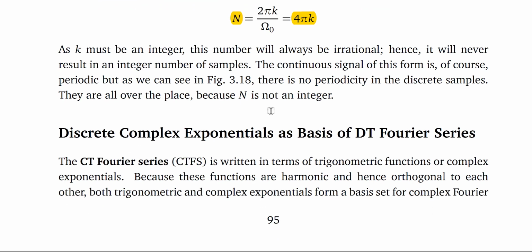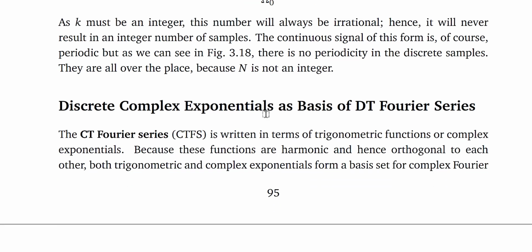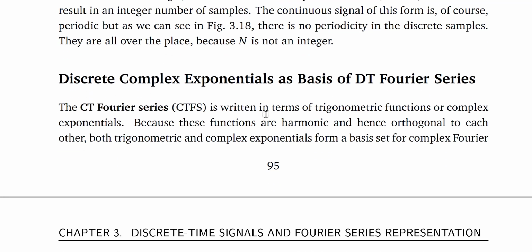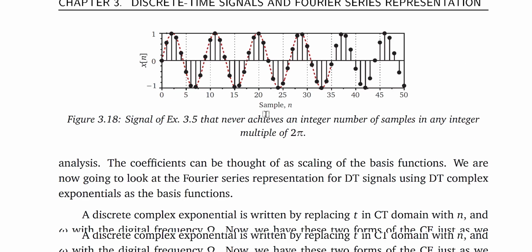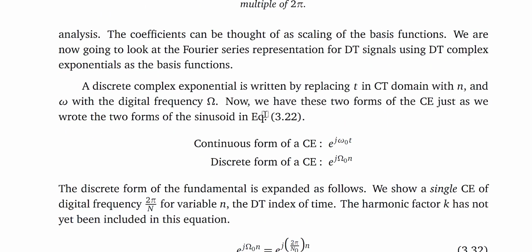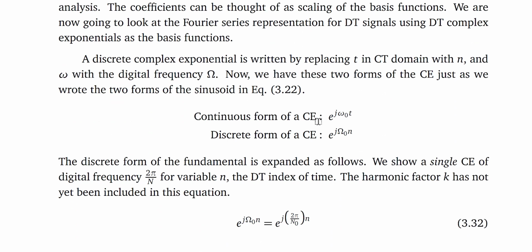All right, so we used discrete complex exponentials as basis for the DT Fourier series before, and we're going to continue on that because that is the most typical way that Fourier series is represented. Let's take a look at how we would write a complex exponential for the continuous case and for the discrete case.